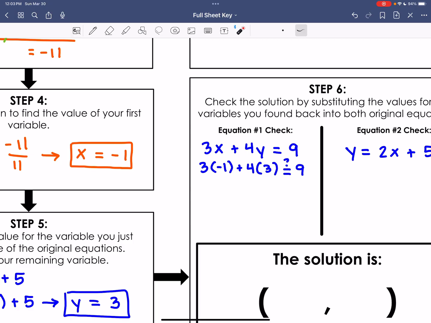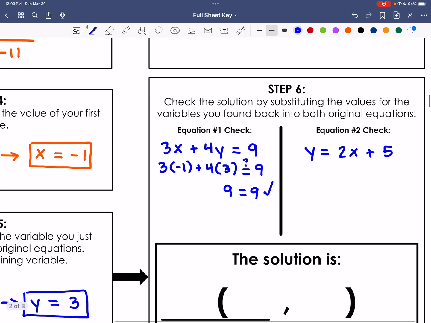But if your teacher wants you to try and reason this out on your own, I would know that this is -3 and this is 12. -3 plus 12 is the same thing as 12 take away 3, so that gives me 9. And 9 does in fact equal 9, so that is a true statement, and that equation checks out.